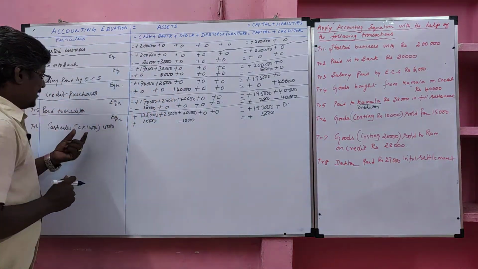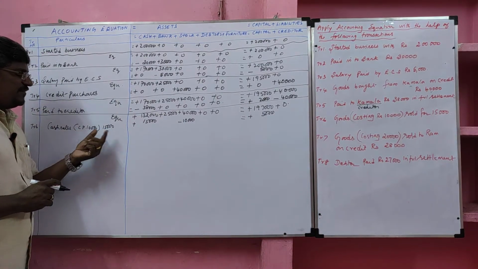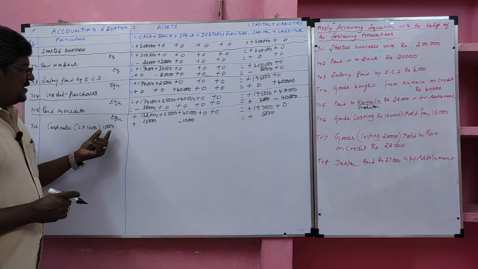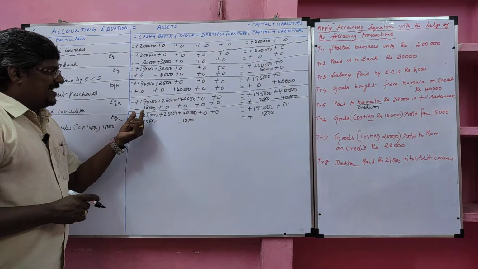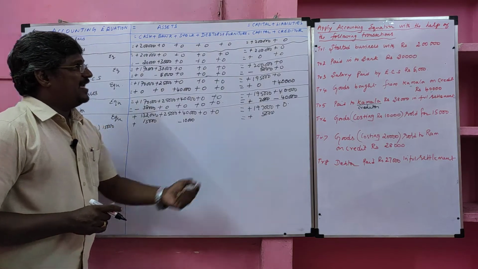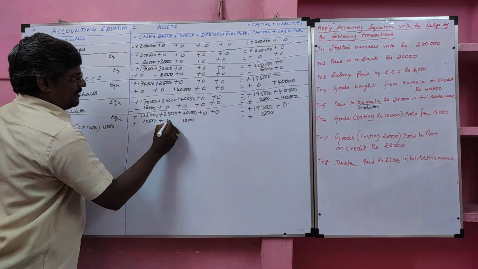Once again, 10,000 worth of goods sold for 15,000. The cost price should be deducted from stock. The actual sale value is added with cash, since it is a cash sale. The difference is a profit, added with the capital. Other items we can mark as 0.